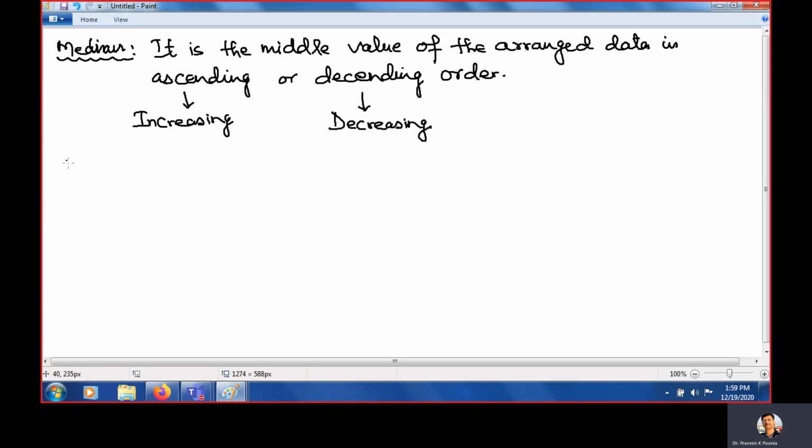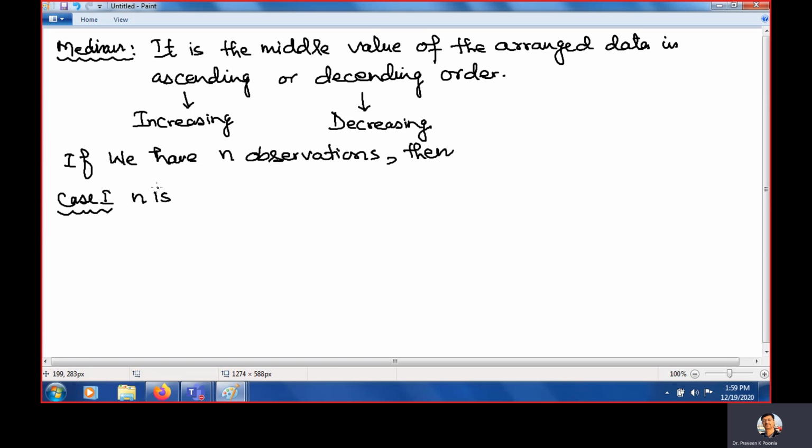So here there are two types of formulae. Formula means if we have n observations, clear? Then case 1, n is odd.